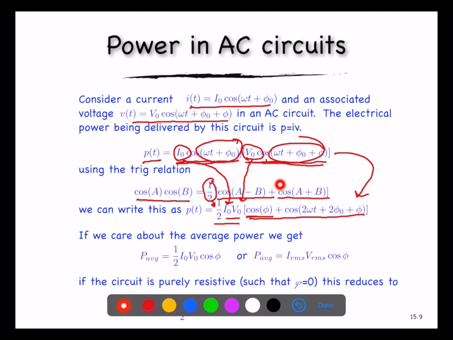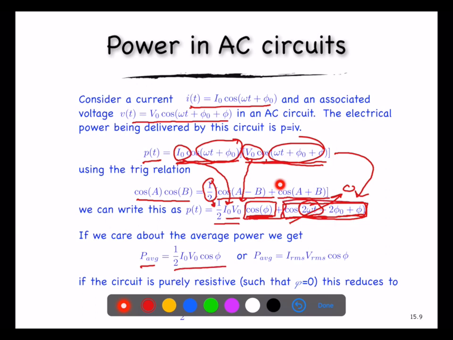And then this other term over here, which is the cosine of the sum of the two arguments, because this is varying at twice the frequency, on average, this is going to average out to 0. Okay, so if I'm calculating an average power, this term on the left is non-zero, the term on the right averages out to 0.